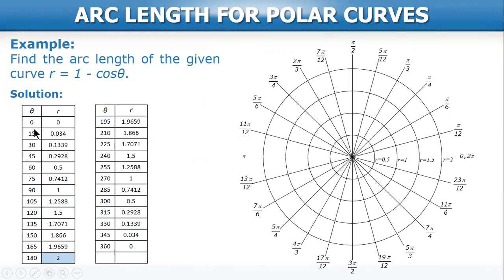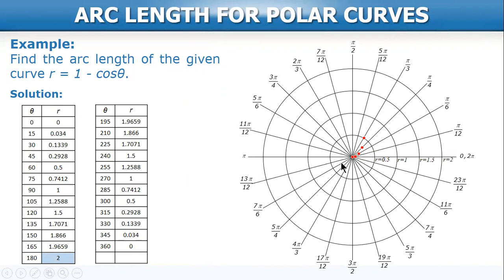Let's plot this. For theta equal to 0, r equal to 0. For 15 degrees, 0.034. For 30 degrees, 0.1339. For 45 degrees, 0.29. For 60 degrees, 0.5.